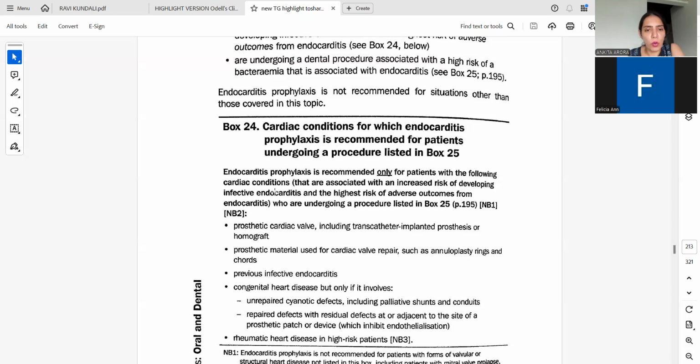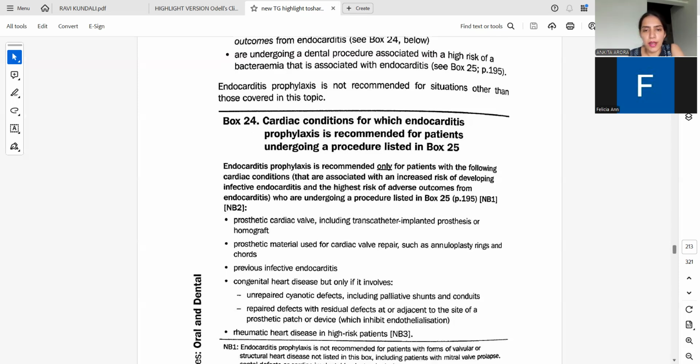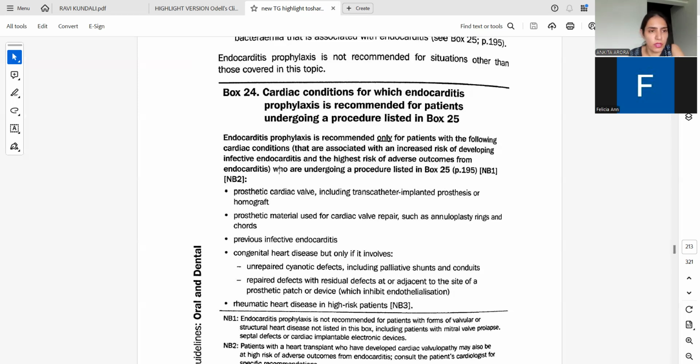Only for patients with the following cardiac conditions. So let us see what are the cardiac conditions where we will give prophylaxis against infective endocarditis. Prosthetic cardiac valve: the patient has an artificial cardiac valve, including a transcatheter implanted prosthesis or homograft. Homograft means from his own body, if he has a graft in the heart. Then prophylaxis is needed. And prosthetic material used for cardiac valve repair. Either the valve is prosthetic or the material used to repair it is prosthetic.